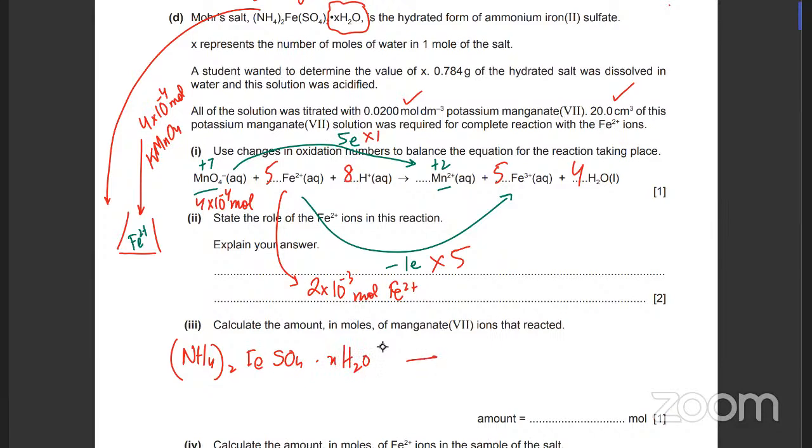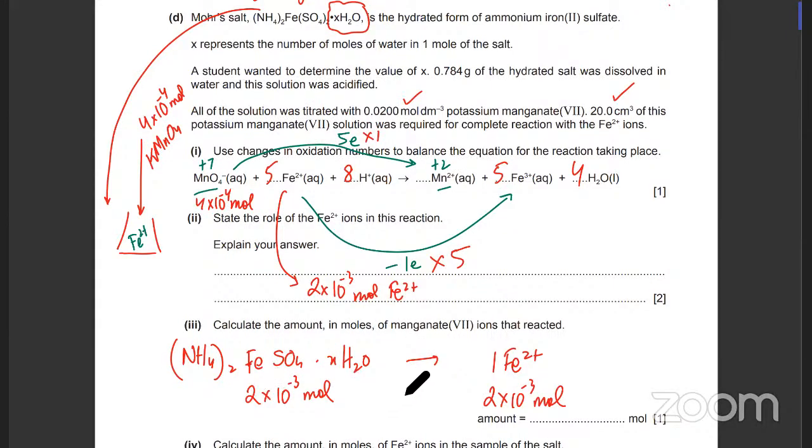If you dissolve 1 molecule of Mohr's salt, it produces exactly 1 Fe2+ because it only has 1 Fe2+. So the amount of Mohr's salt would also be 2 times 10 to the power minus 3 moles. Is that clear? All the Fe2+ is coming from the Mohr's salt, and the ratio of Fe2+ ions to Mohr's salt is 1:1.